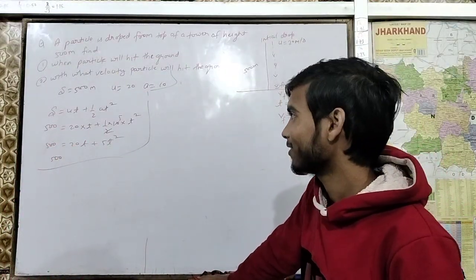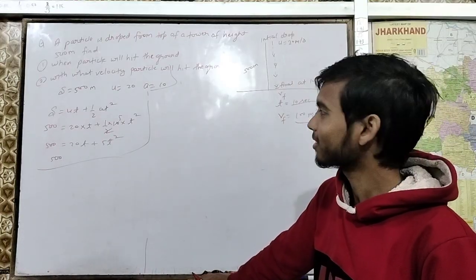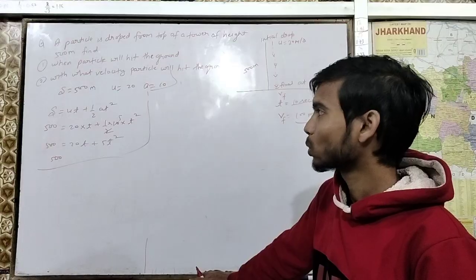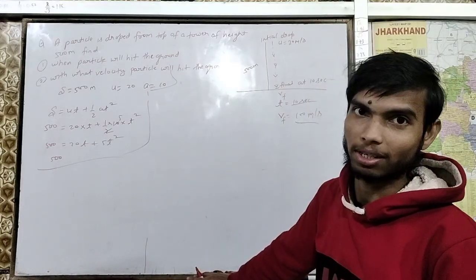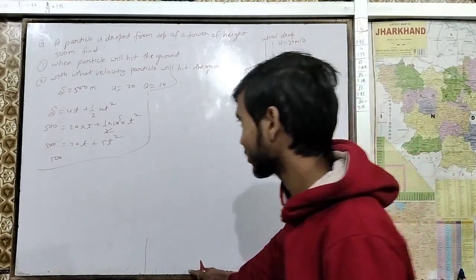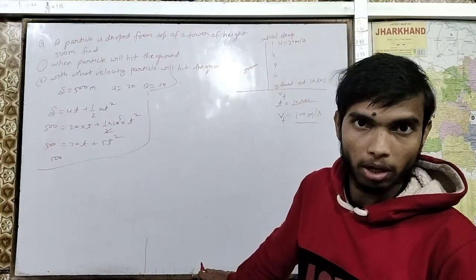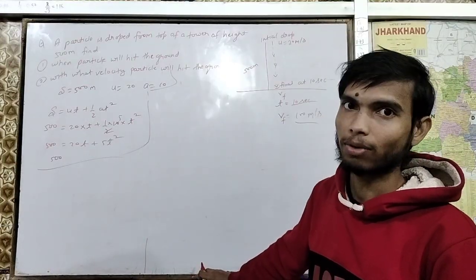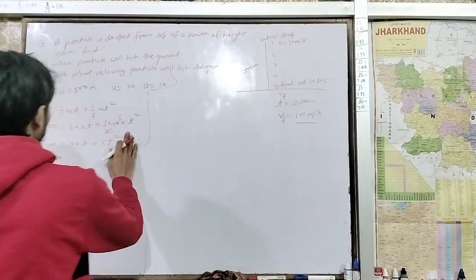Here, as you can see, we have a quadratic equation. 5t square plus 20t minus 500 is equal to 0. This is your quadratic equation. When you use the quadratic formula, you will get the exact value of t.